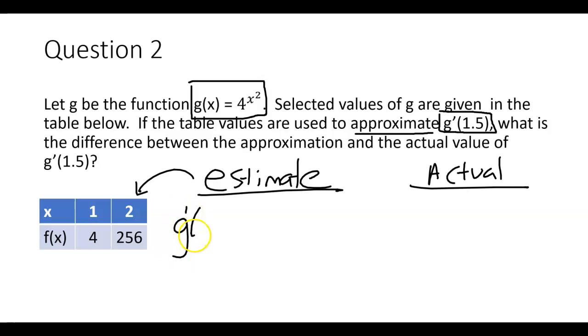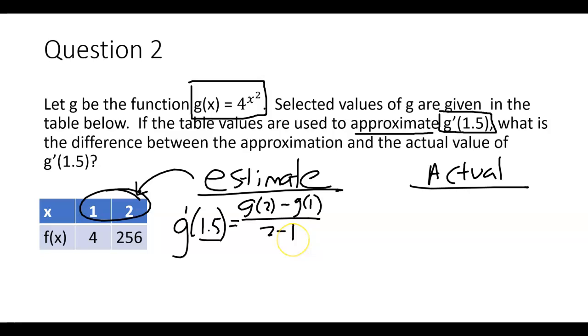All right, well, let's begin with the estimation. G prime of 1.5 can be estimated anytime you're using a table by picking two numbers that are really close to 1.5, and lo and behold, that's what those are. And so it's going to be G of 2 minus G of 1 over 2 minus 1. G of 2 is 256.